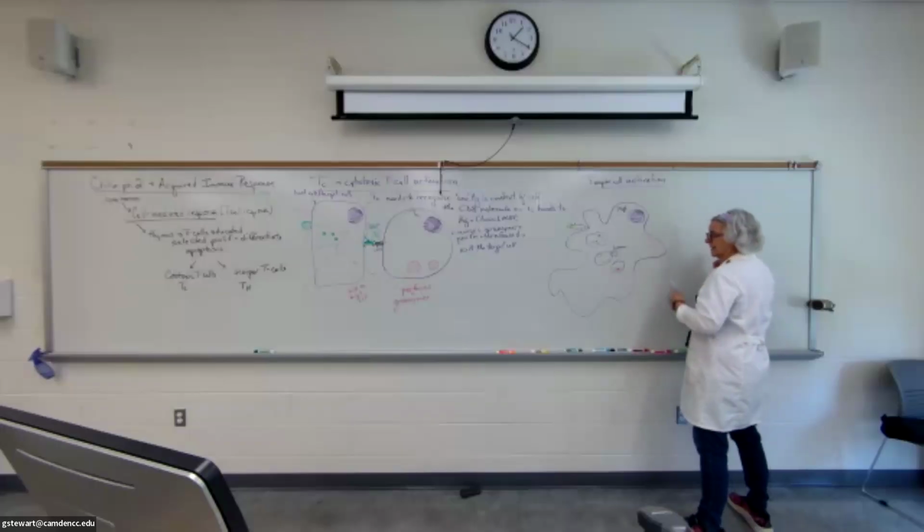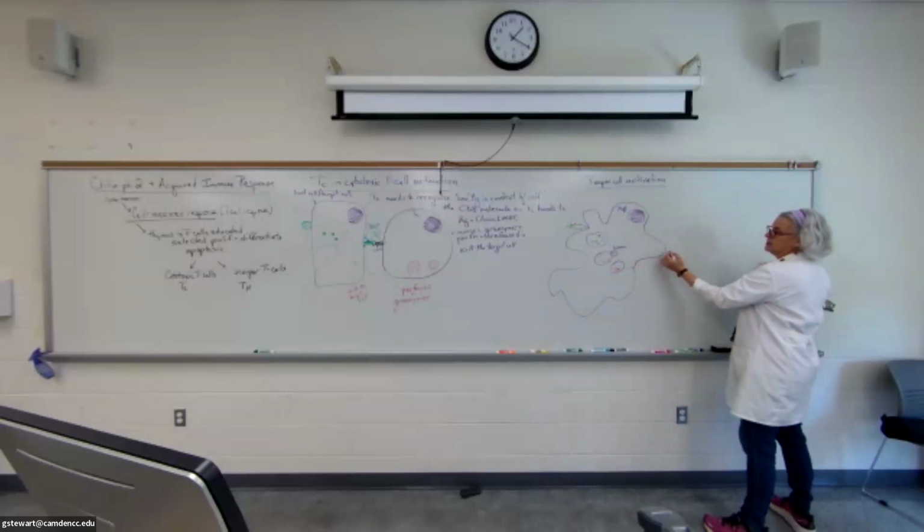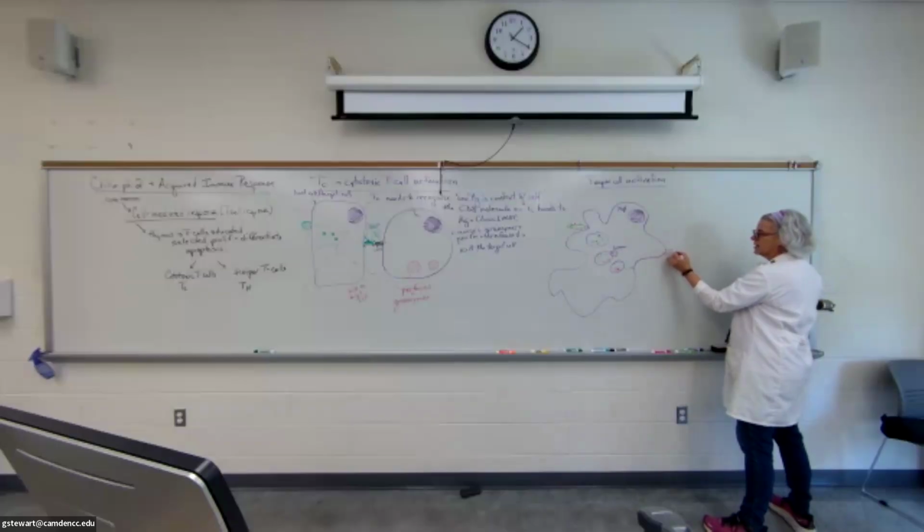That is going to get put out on the surface of this cell. I'll try to stick it someplace where it'll be able to bind to a T cell. So here's my class 2 MHC. And the book draws it like that.